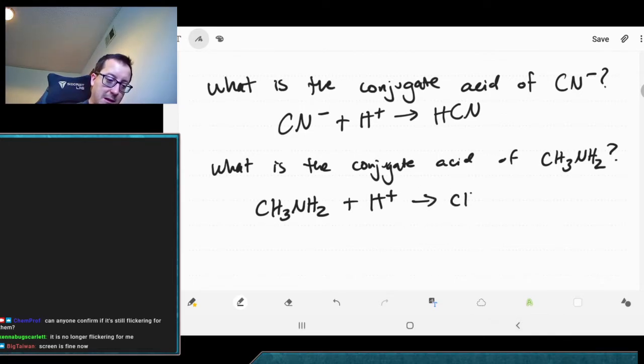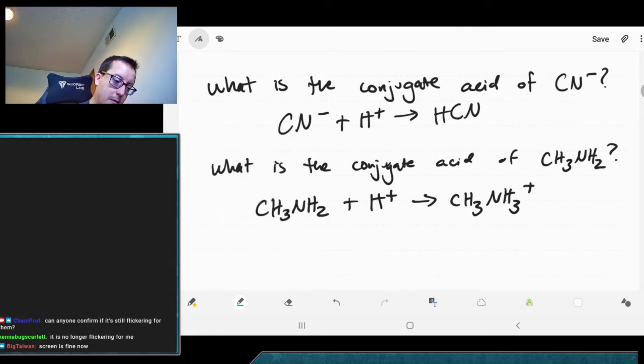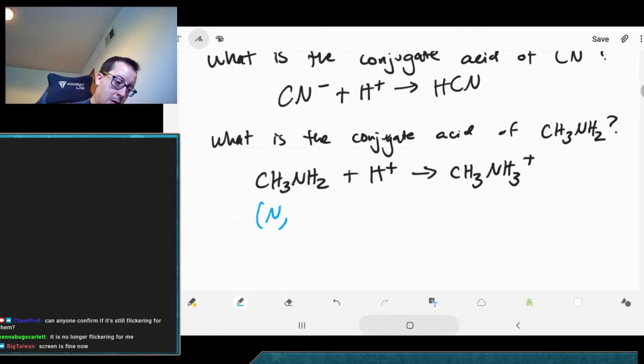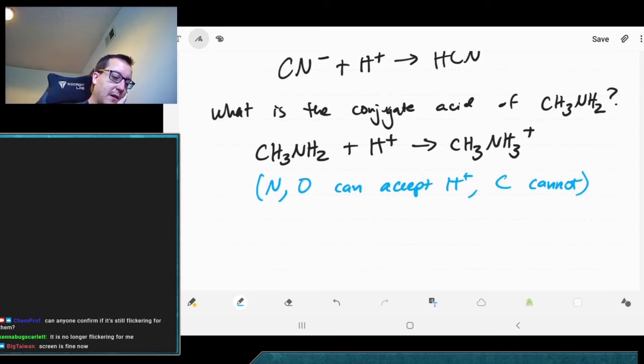Well, we can do that. We would get CH3NH3 plus. So just so we understand this, nitrogen and oxygen can accept H pluses, but carbons cannot. Nitrogens are more likely to accept.